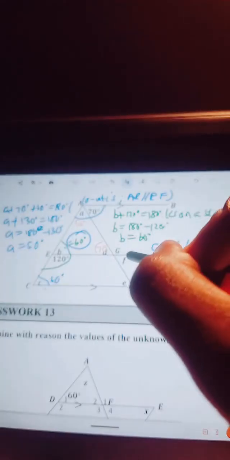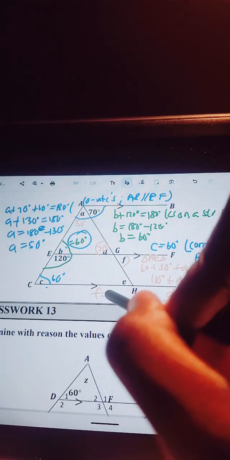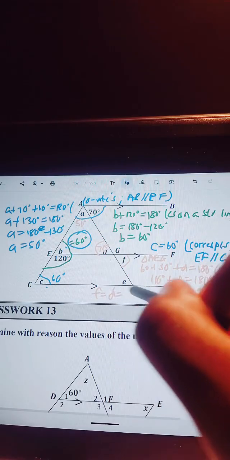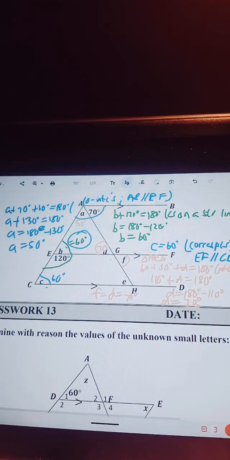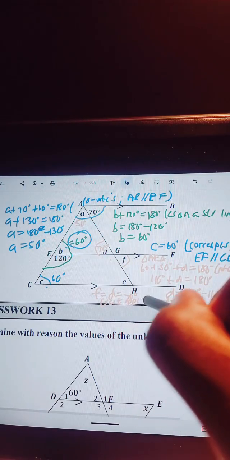Then this angle is vertically opposite to that one, so F is equal to D, which is equal to 70 degrees, vertically opposite angles are equal.